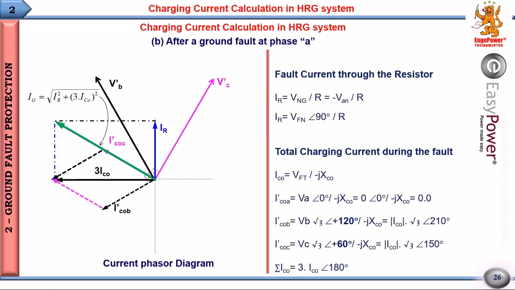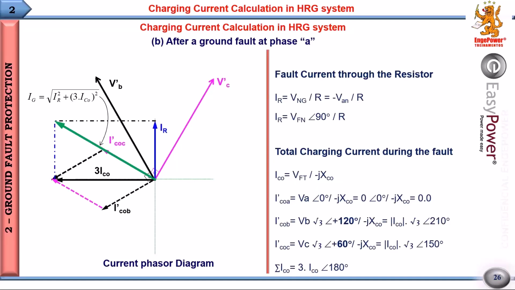For phase B, we are going to have VB times the square root of 3 with a phase shift angle of 120, divided by minus jX0. Minus j goes to the numerator as 90 degrees, and we are going to have IC0 magnitude times the square root of 3 with a phase shift angle of 210.